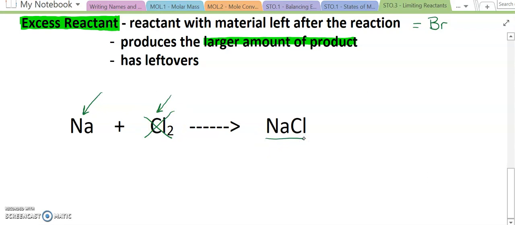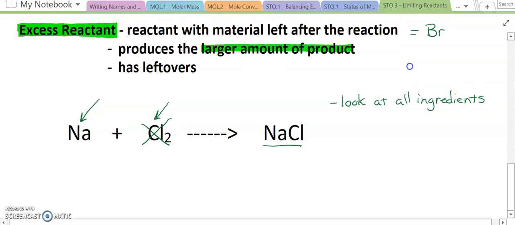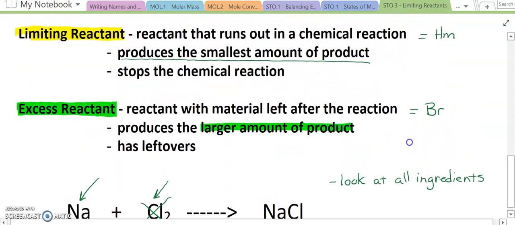So in a chemical reaction, you need to look at all ingredients and determine how much product can actually be produced. Because NaCl is produced by both the Na and the Cl. So the concept of limiting reactant says that both ingredients are important in a chemical reaction.